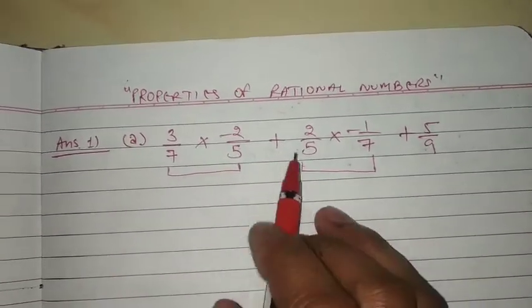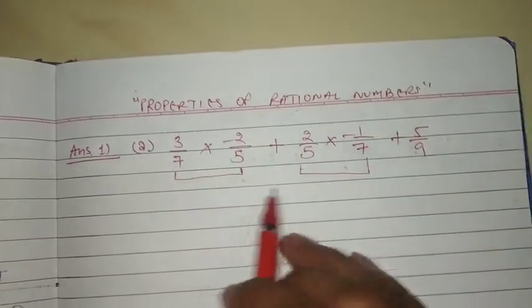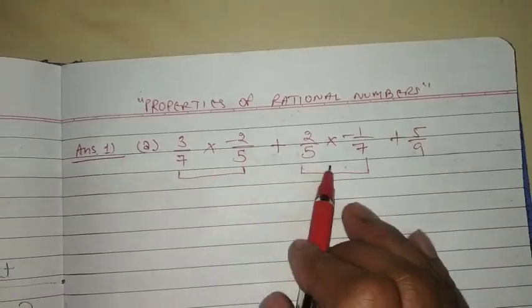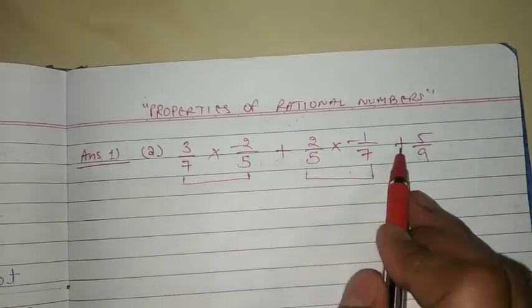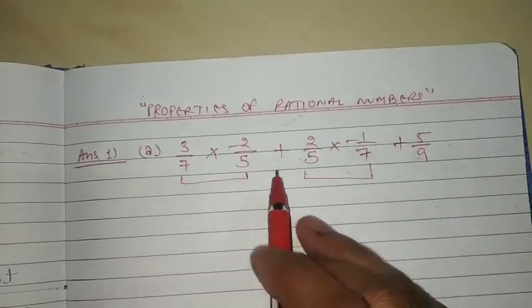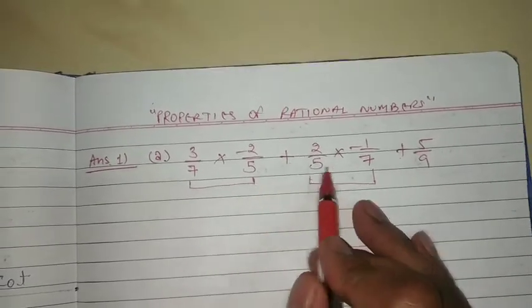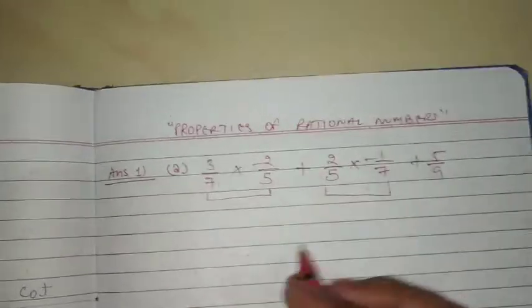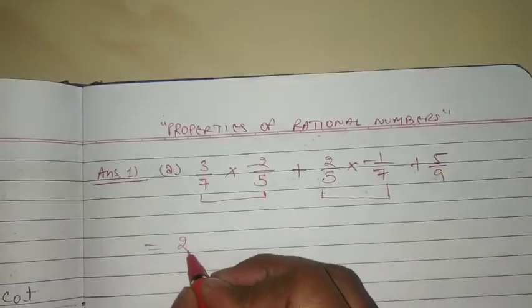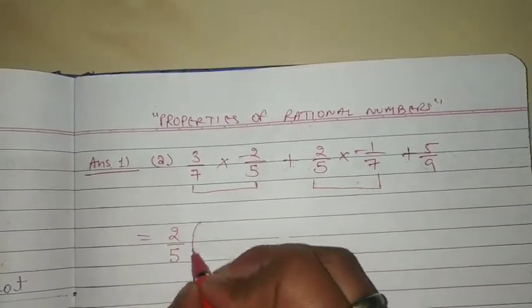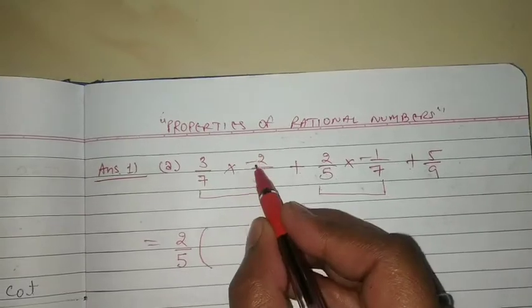Now we have three terms, 1, 2 and 3, because these are separated by plus signs. Now what we see here is that 2 by 5 is common in these two terms. So on taking 2 by 5 common, what will I get here?